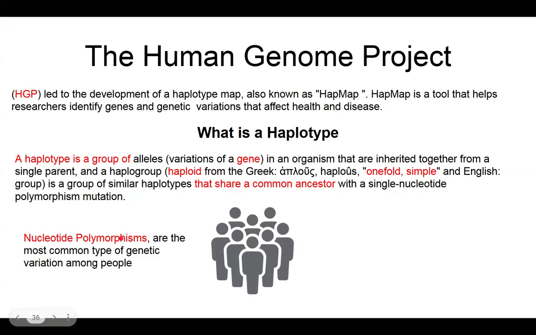This is a Greek word that they put together in order to express this process. Polymorphism only means many changes. Nucleotide means that is many changes to the nucleus. That's why they use the phrase nucleotide polymorphisms are the most common types of genetic variation among people.